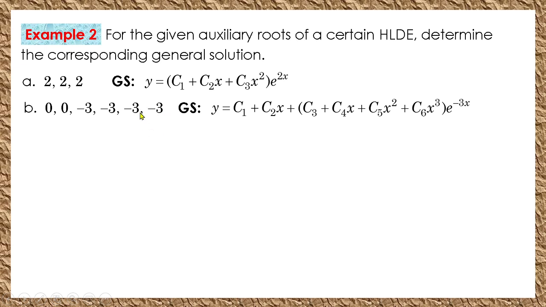There are 4 repeated roots, so we have 4 terms also, with increasing powers of x and coefficients of arbitrary constants. So, c sub 3 plus c sub 4x plus c sub 5x squared plus c sub 6x cubed multiplied by e to the negative 3x, the repeated root.